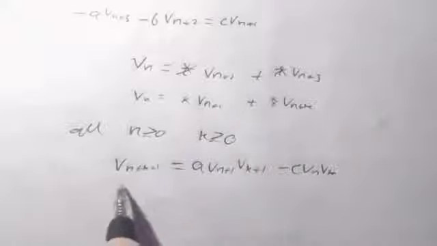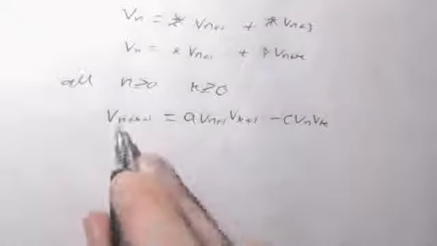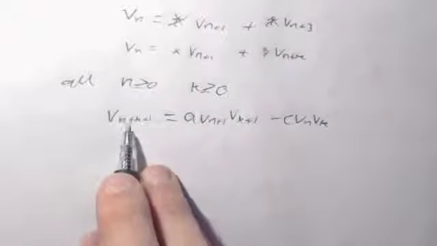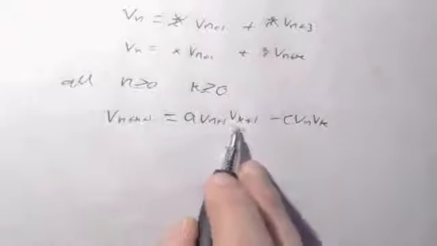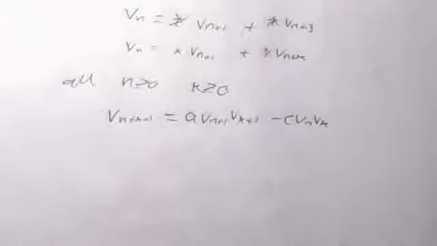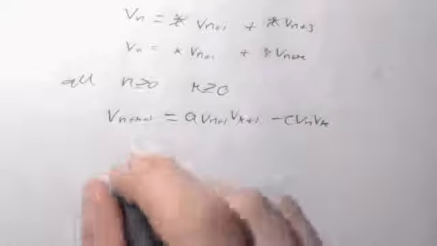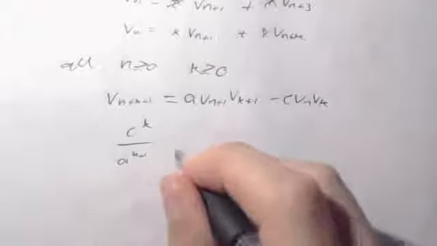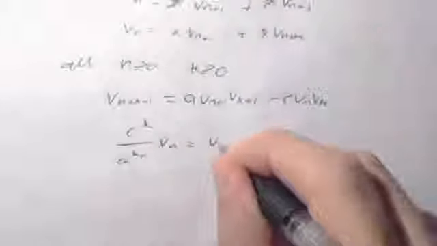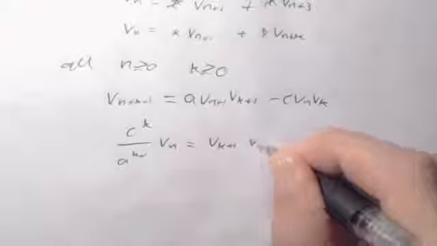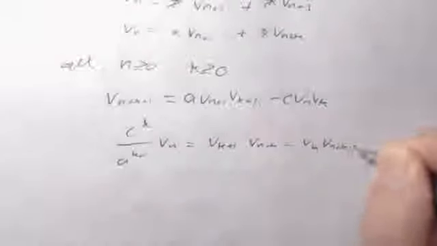So here's another identity, and combining these two identities. I had this one, Vn plus k plus 1 equals a Vn plus 1 Vk plus 1 minus c Vn Vk, and the first one was, just write it out again, c to the k over a to the k plus 1 times Vn equals Vk plus 1 Vn plus k minus Vk Vn plus k plus 1.